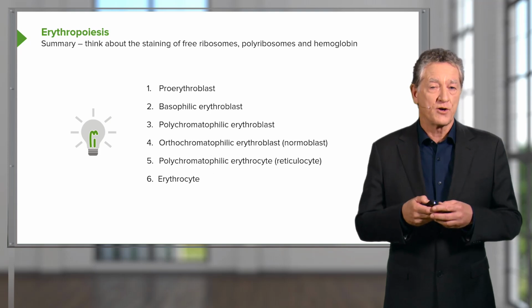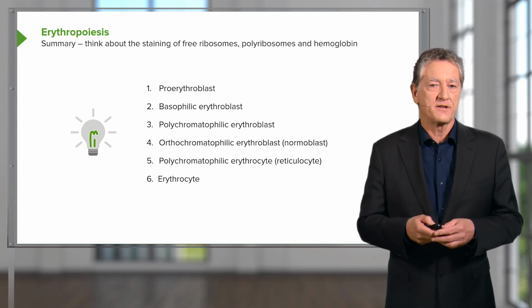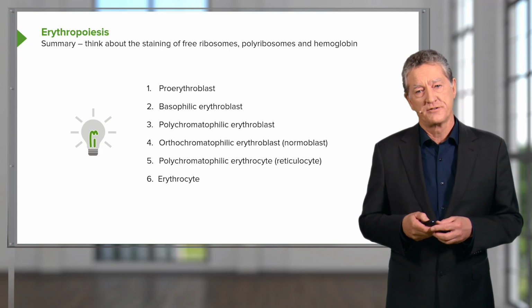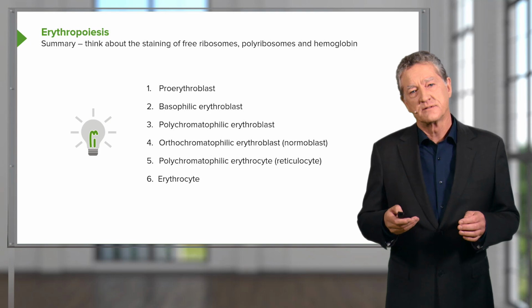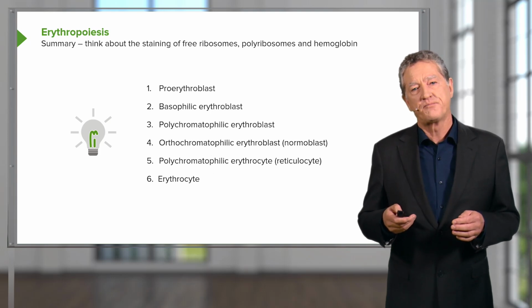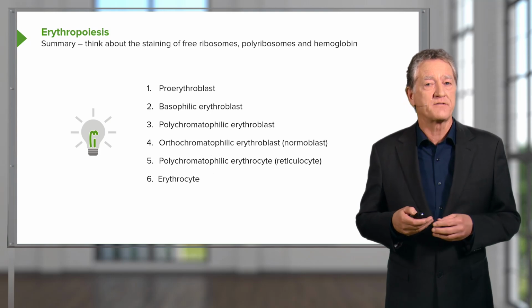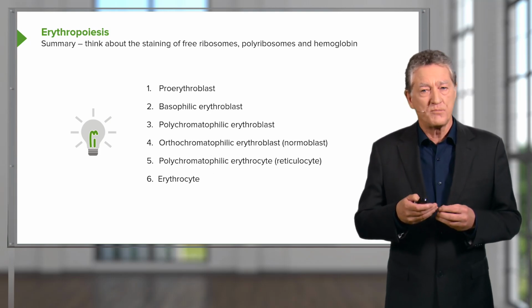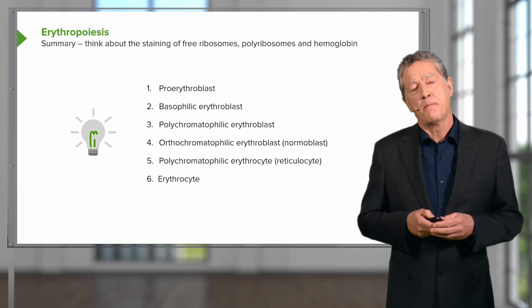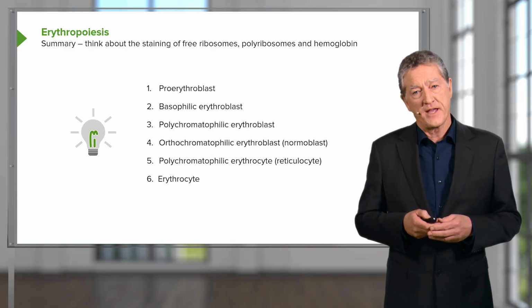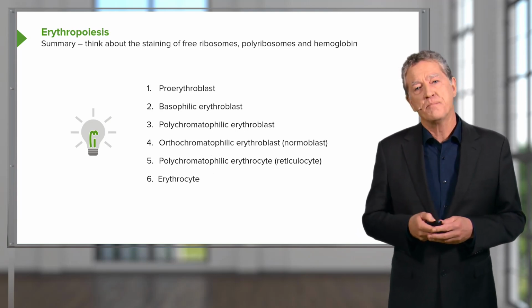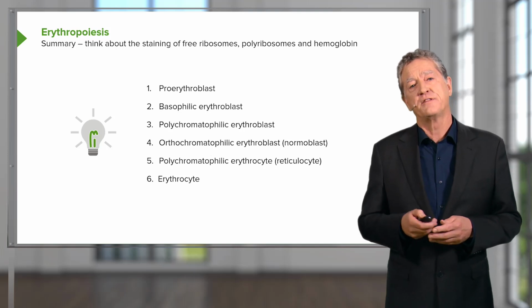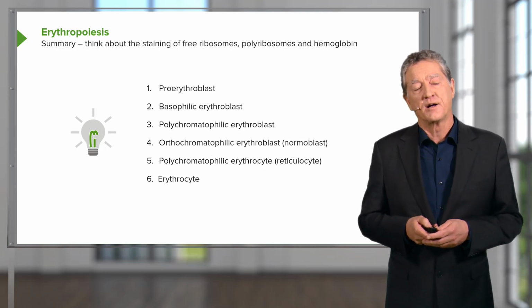You start with a progenitor cell that has to then create lineages that first of all develop a factory to make the hemoglobin, the endoplasmic reticulum, that stains very strongly basophilic, and then as the cell moves through the process of making hemoglobin, there is a combination of coloration you see in the cytoplasm. And then finally, as you get more and more hemoglobin produced, the cell becomes more pink stained.